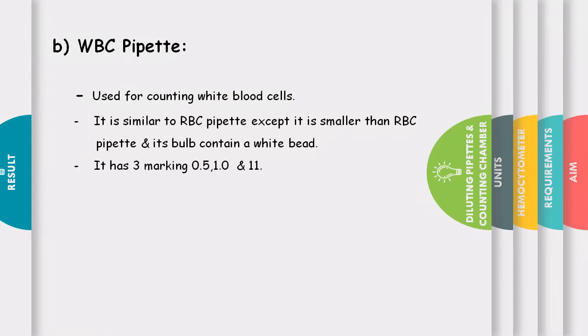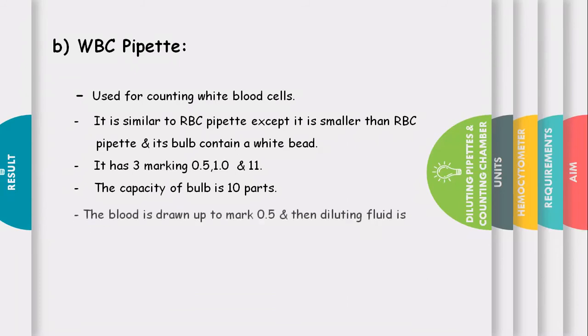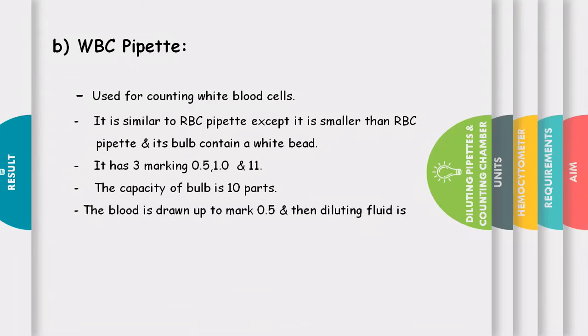It has three markings: 0.5, 1 and 11. The capacity of the bulb is 10 parts. The blood is drawn up to mark 0.5 and then diluting fluid is drawn up to mark 11. The dilution of blood is 1:20.